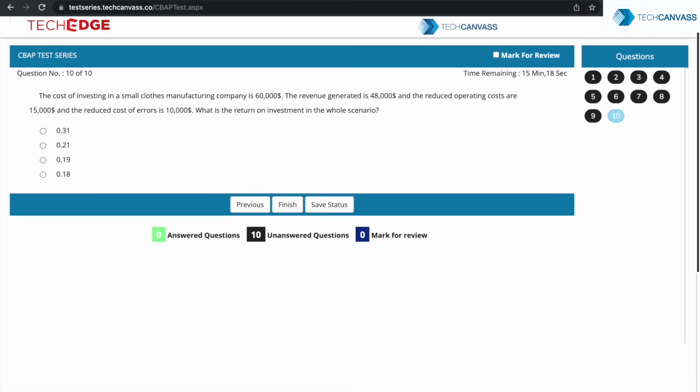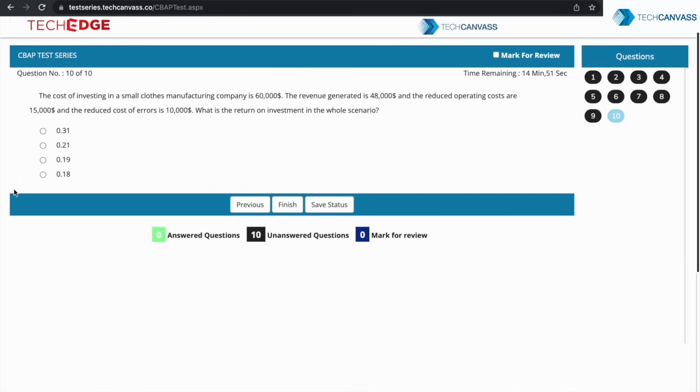The revenue generated is $48,000, the reduced operating costs are $15,000, and the reduced cost of errors is $10,000. What is the return on investment in the whole scenario?